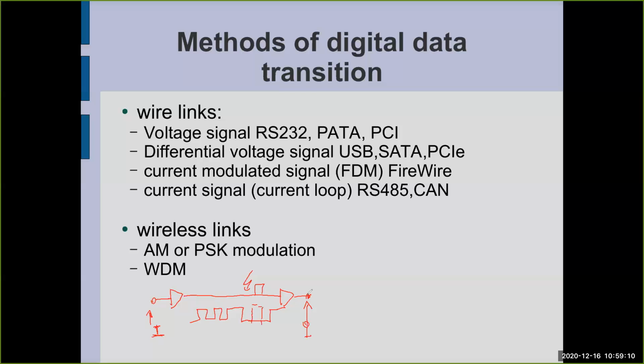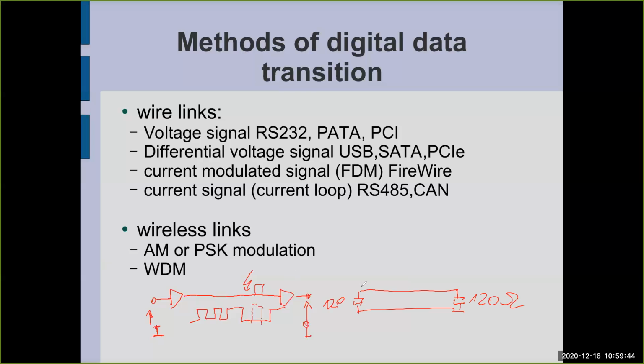On the other side, we have interfaces which use current signal or current loop. They work like this. I have two lines, and every line is terminated with a resistor of 100 ohms, and on this side also a resistor of 100 ohms.